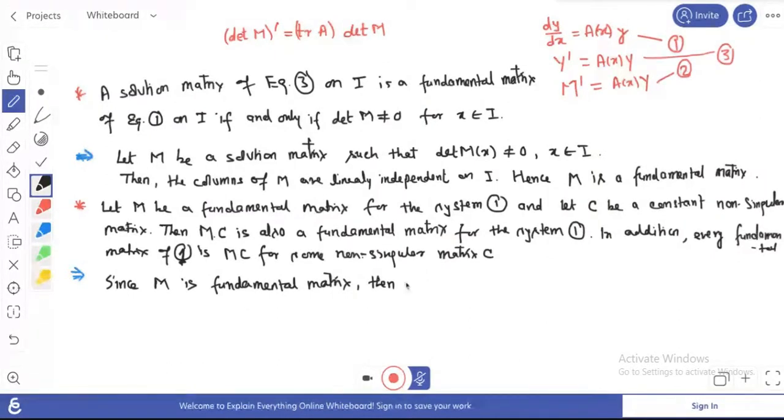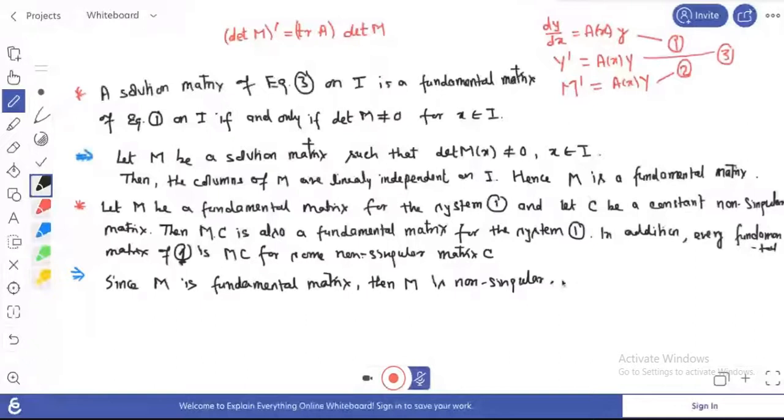So M is non-singular. And here it is also given that C is a non-singular matrix. So M is non-singular, C is also non-singular. So the product of two non-singular matrices is also non-singular.